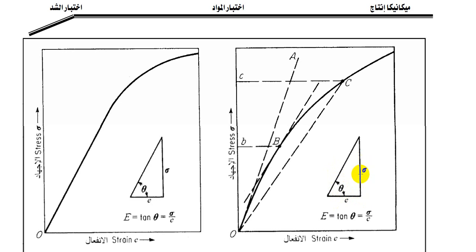facing the stress plotted on the vertical axis, the opposite of the angle theta. So just like we said, the stress is the opposite of angle theta, and this strain E is the adjacent for the angle theta, and this oblique line is called the hypotenuse.